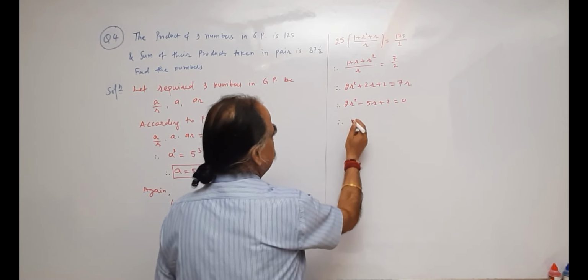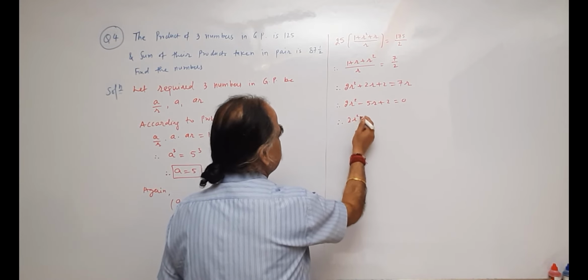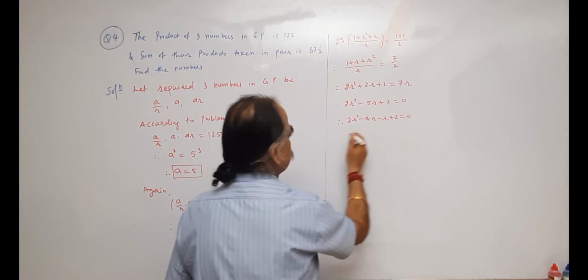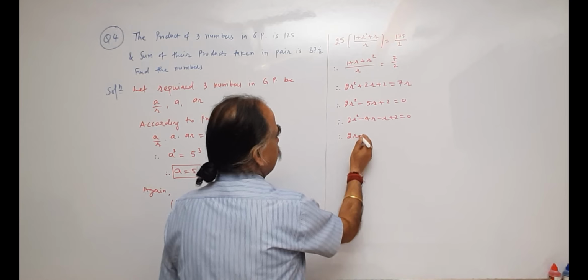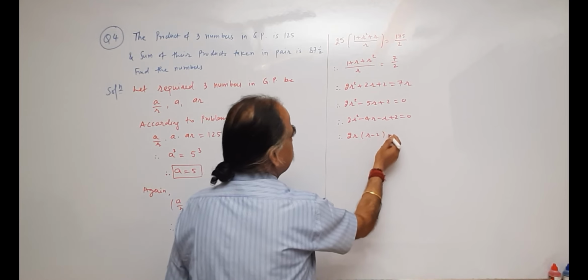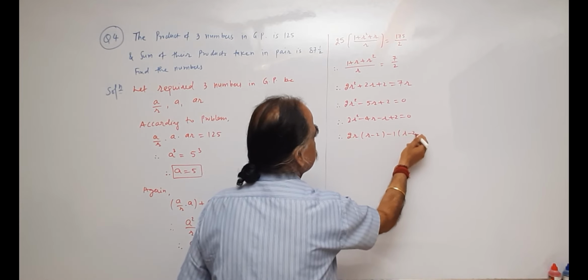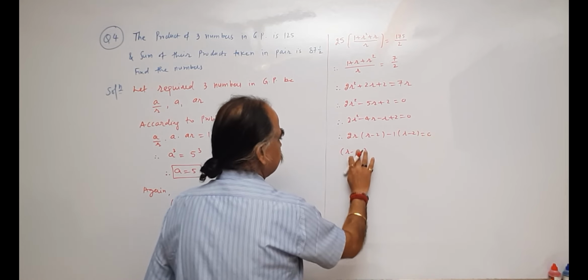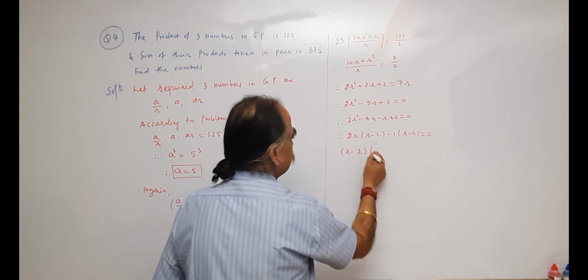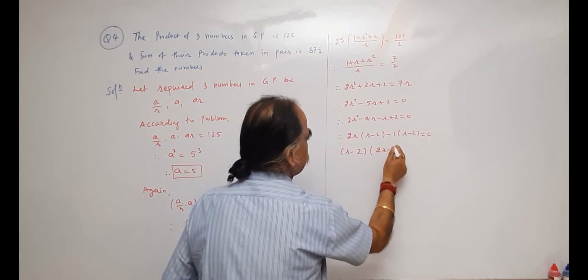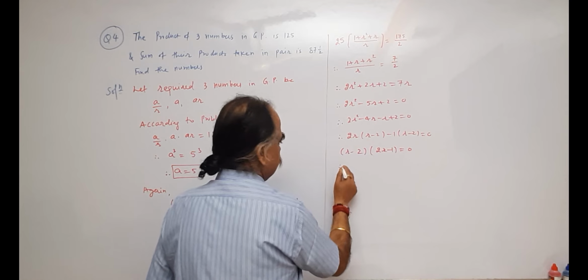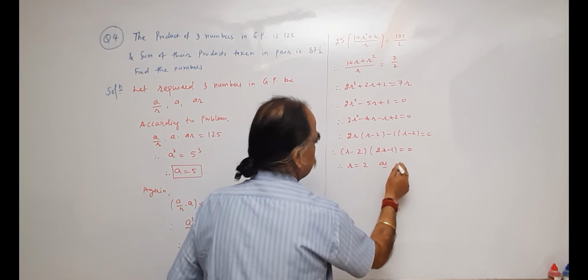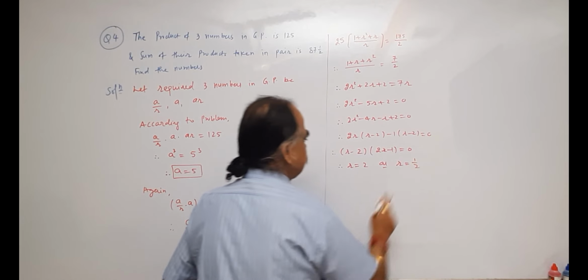Factors: 2r square minus 4r minus r plus 2 is equal to 0. 2r common, r minus 2, minus 1 common, so r minus 2 common, and we get 2r minus 1. So r is equal to 2, or r is equal to 1 by 2.